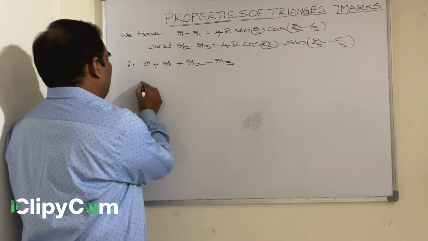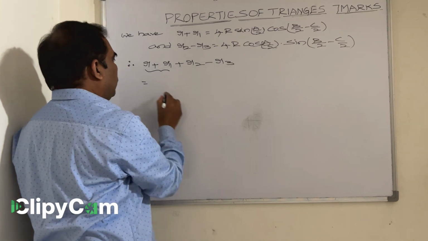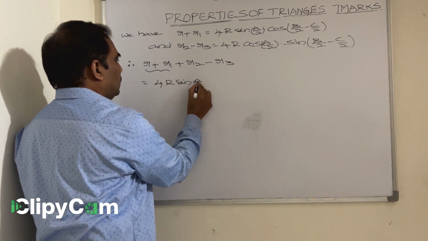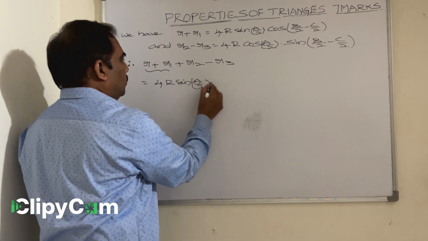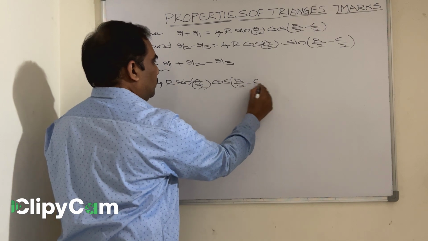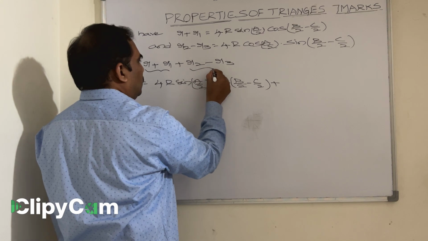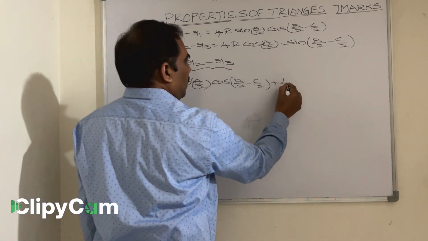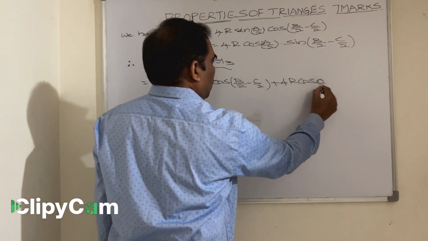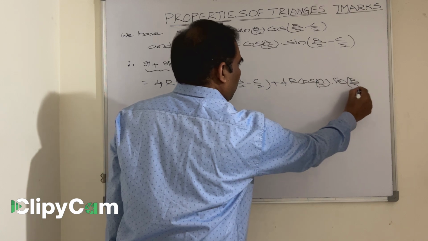So now which is equal to, here R plus R1, observe, we get 4R sin A by 2 into cos of B by 2 minus C by 2, and plus here R2 minus R3 we have 4R cos A by 2 into sin of B by 2 minus C by 2.